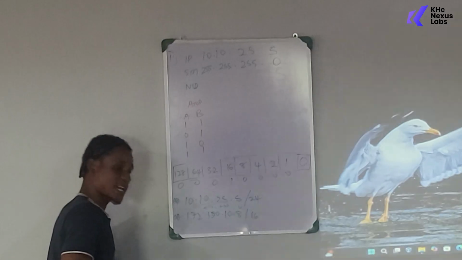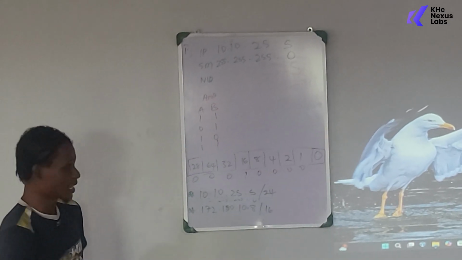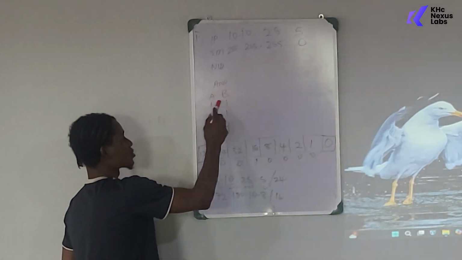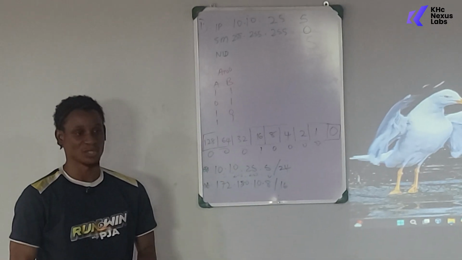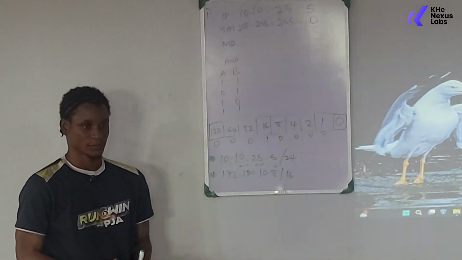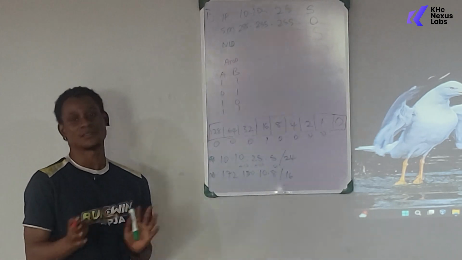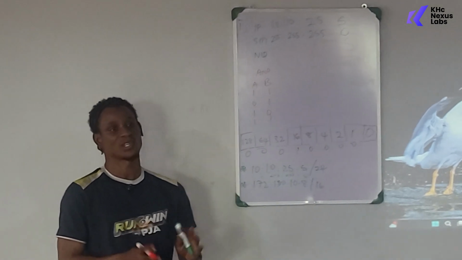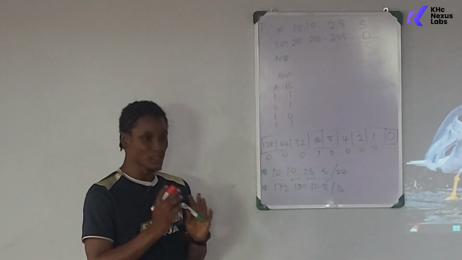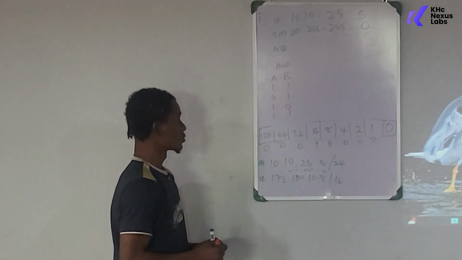What AND entails is that both of them have to be true. OR says if either of them is true, then the result is true. For AND, both have to be true for it to be true.